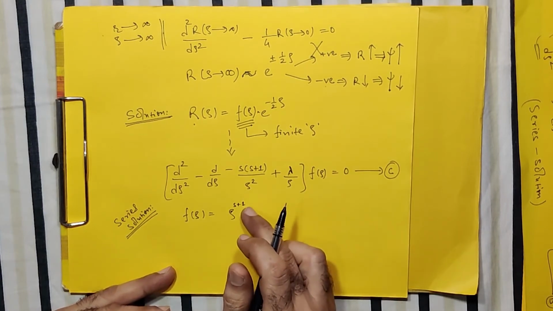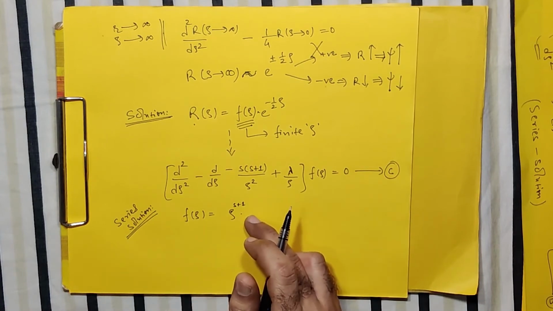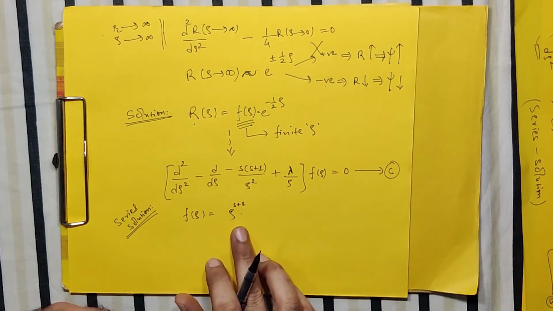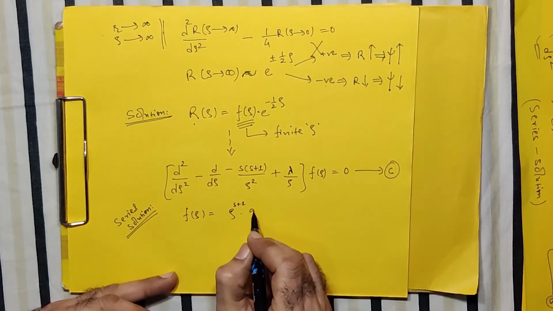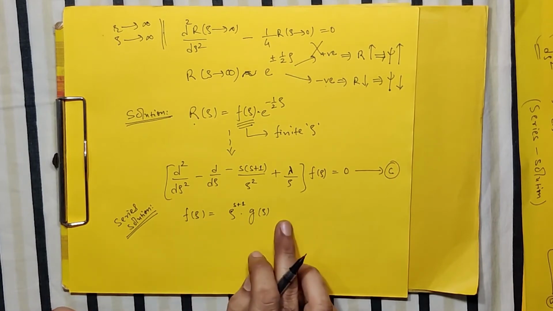Usually this is decided by an experienced guess of what kind of series you can adopt. You can also consider this a limitation, that those who are pioneering in this may have some difficulty in considering the type of series. But let us assume that this is the way we can solve. And of course, this part takes care of the other terms.